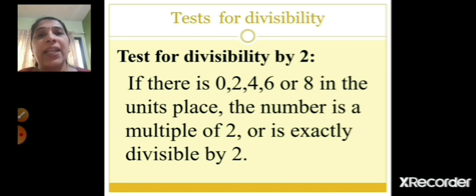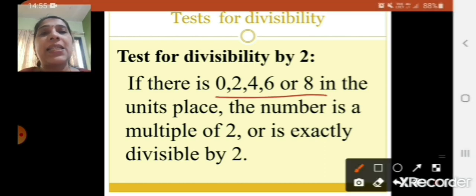So if any number is given, whether it is a bigger number or a smaller number, you just have to see that the units place is either 0, 2, 4, 6 or 8. If these digits are there in the units place, that means it is divisible by 2, right? You need not divide it. Directly you can recognize and tell, yes, this number is divisible by 2.